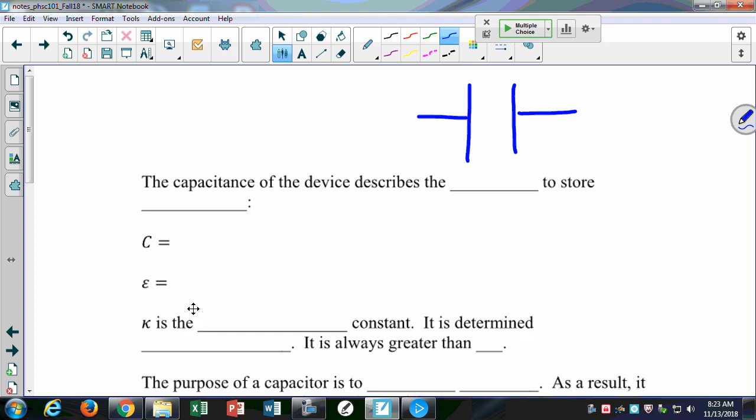All right, so if I have a capacitor, I can describe the capacitor in two ways. I have the area of the plates, and then I also have the distance between the plates. So what do you think will happen if I increase the area of the plates? You can think of capacitance as the capacity to store charge.